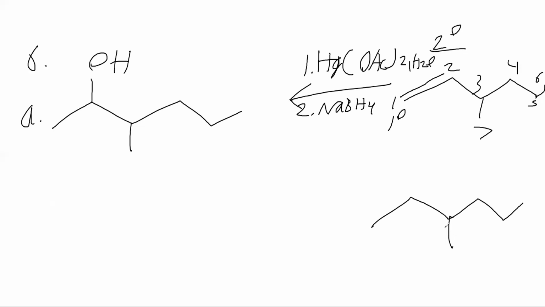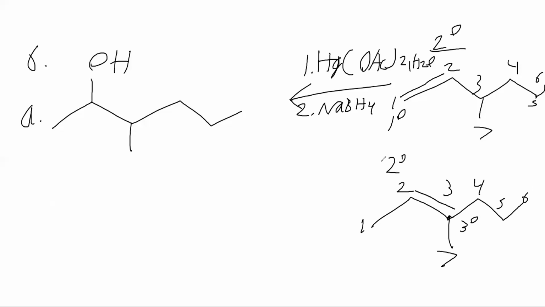You could also do this: put the double bond between carbon 2 and carbon 3. And now carbon 2 is again secondary, carbon 3 is tertiary. So we still want the alcohol to go to carbon number 2. And now carbon 2 is the less substituted spot because it's secondary versus tertiary.